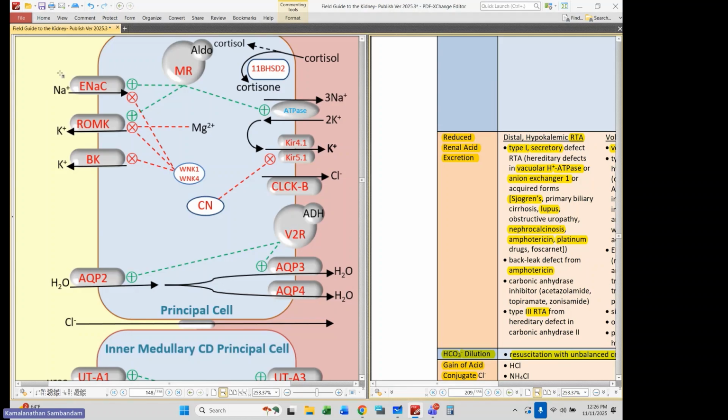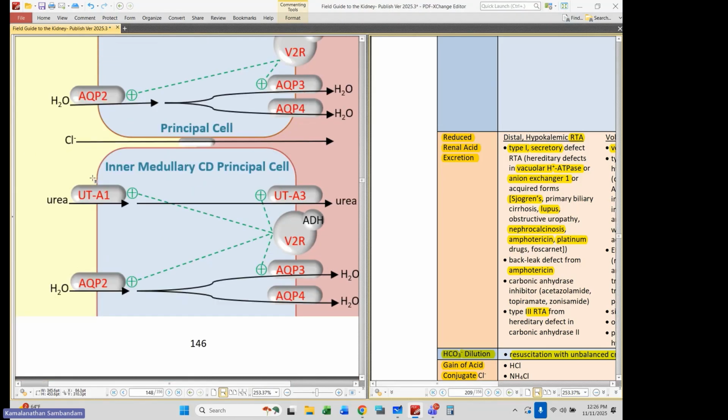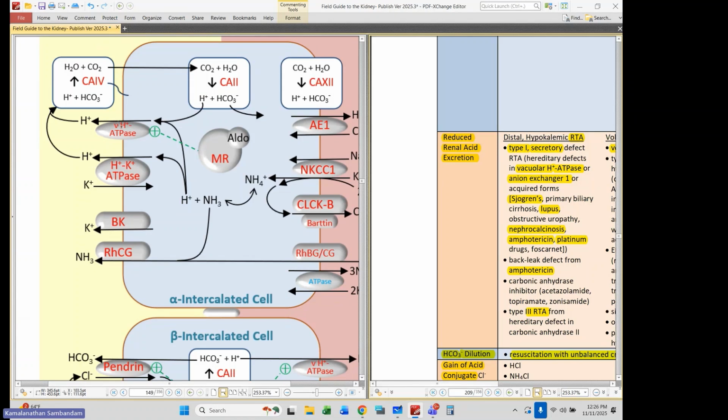Okay, so by giving you Florinef and furosemide, I deliver more sodium to the distal nephron. The Florinef enhances sodium reclamation, generating that lumen-negative charge, and the Florinef also stimulates vacuolar H-ATPase, stimulating proton secretion.